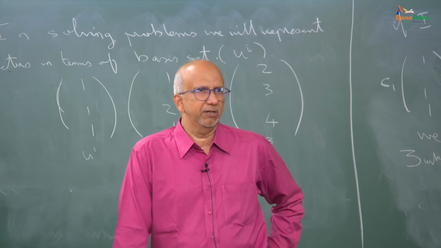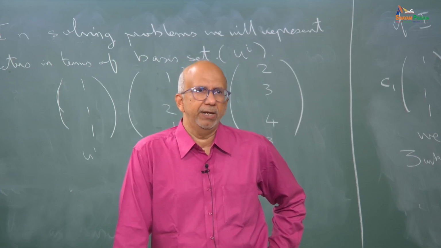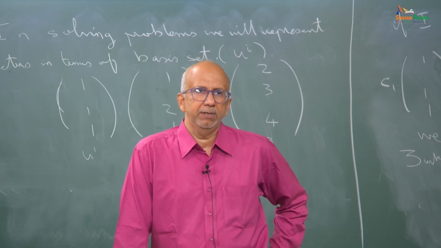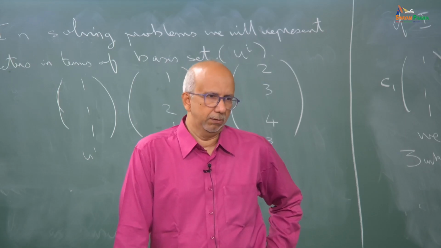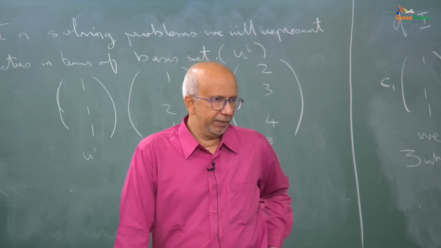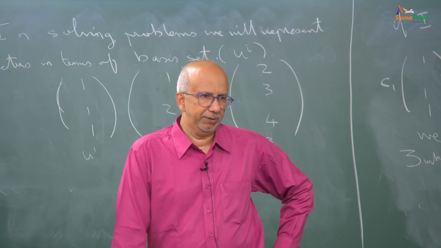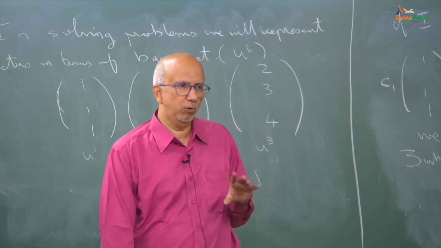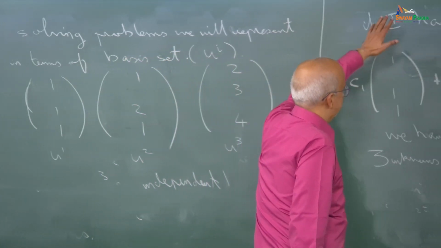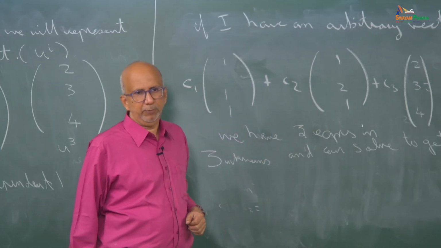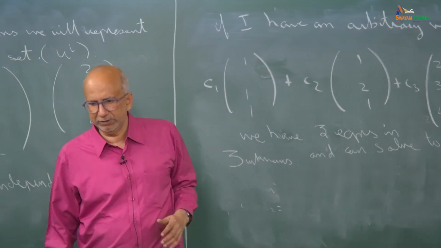A more efficient way comes when the basis is not just independent, but is also orthogonal. Right now, I gave you an example of when the basis is only independent. When it is only independent, you have to solve a system of linear equations to find the coefficients.